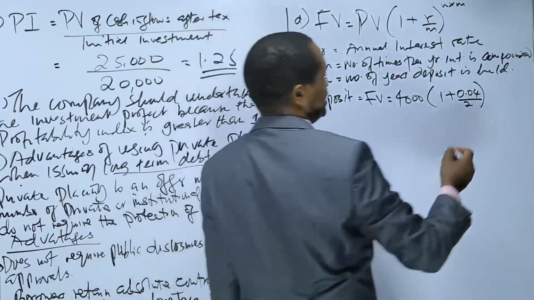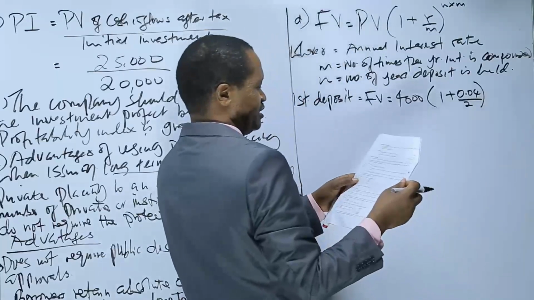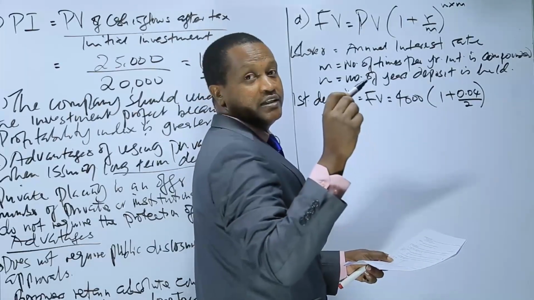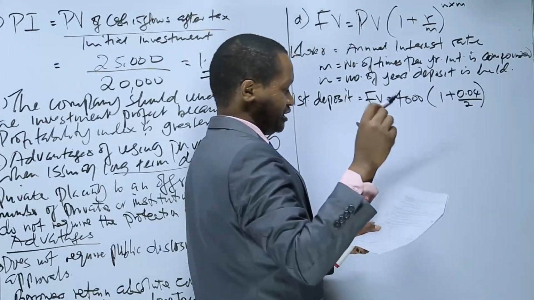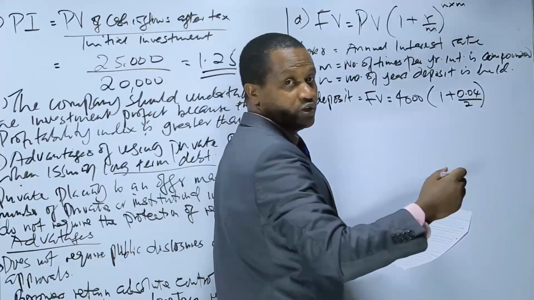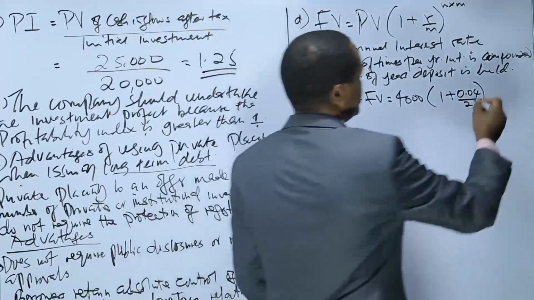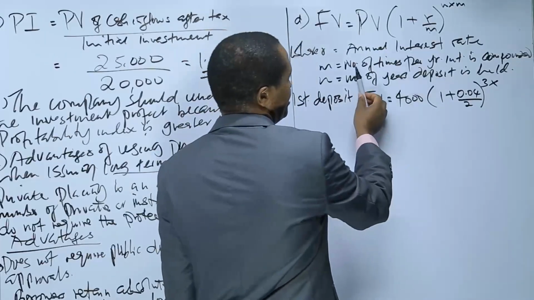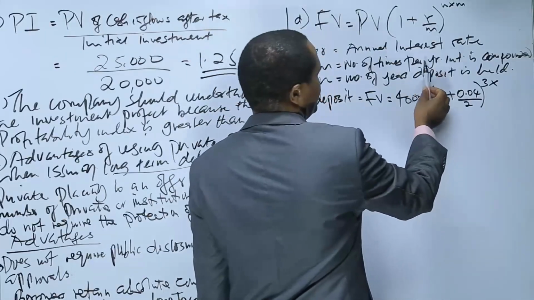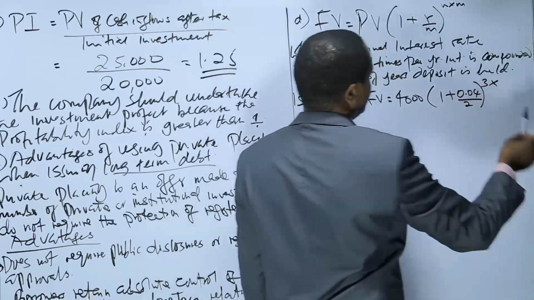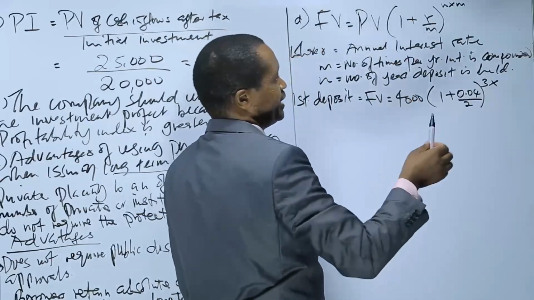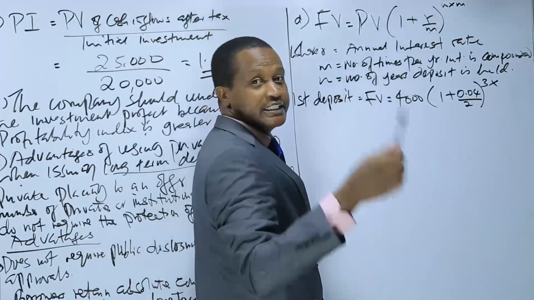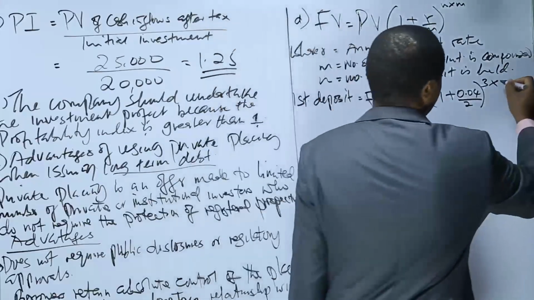The first deposit is held for 3 years, the whole of year 2, year 3, and year 4. So 3 years times M. M is the number of times per year interest is compounded. We've seen it is semi-annually, so we multiply by 2.